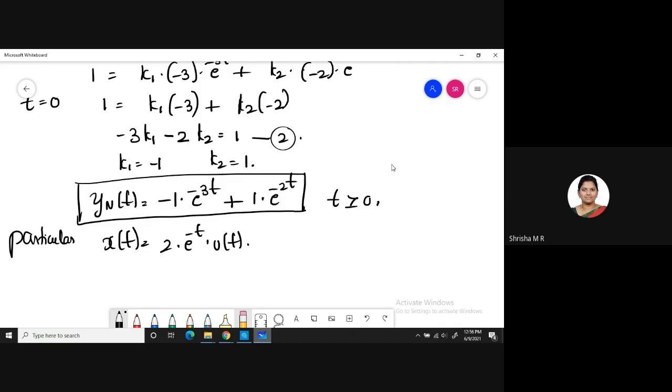And the roots of the characteristic equation are minus 2 and minus 3. So a particular solution will be of what type? What will be the structure of that particular solution?